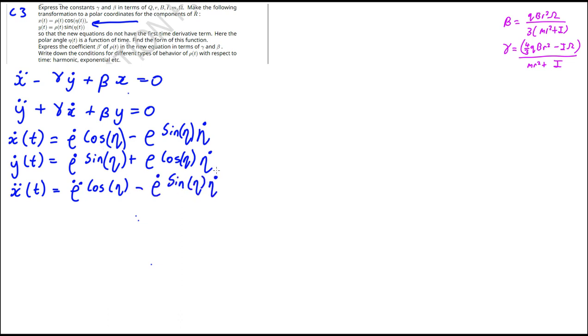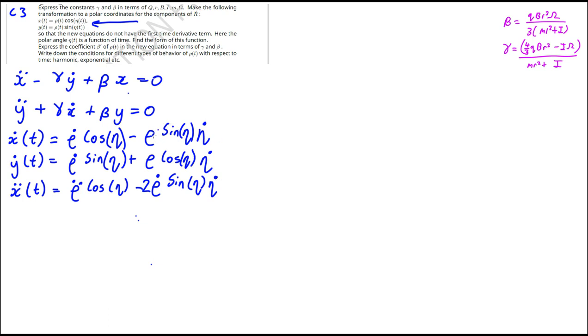Now, when I go to take the derivative of this next part of x, see how it's got rho sine eta, then eta dot. So this rho term, when I take the derivative of that, I'm actually going to get back the expression I've just written down. So I'm going to get 2 of those. So I'll just put 2 there.